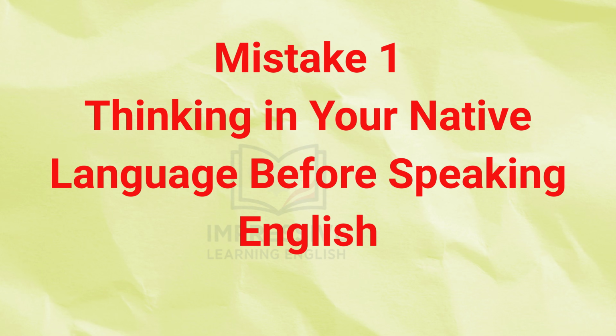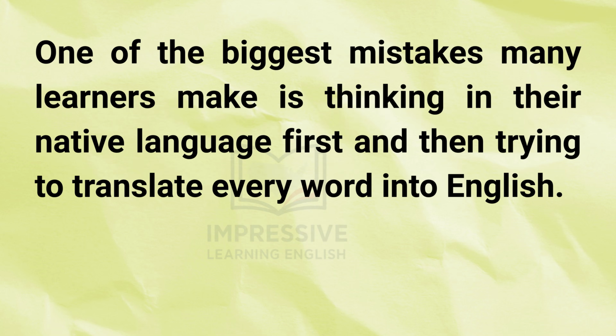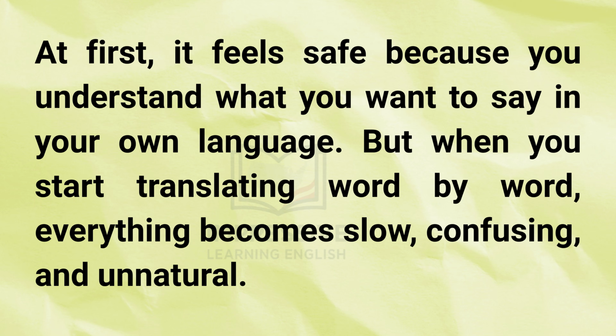Mistake 1. Thinking in your native language before speaking English. One of the biggest mistakes many learners make is thinking in their native language first, and then trying to translate every word into English. At first, it feels safe, because you understand what you want to say in your own language.